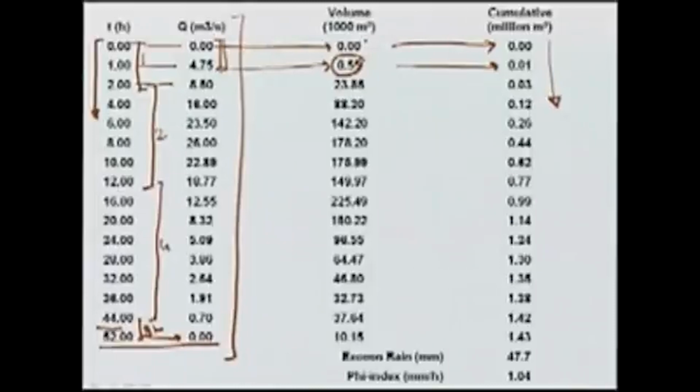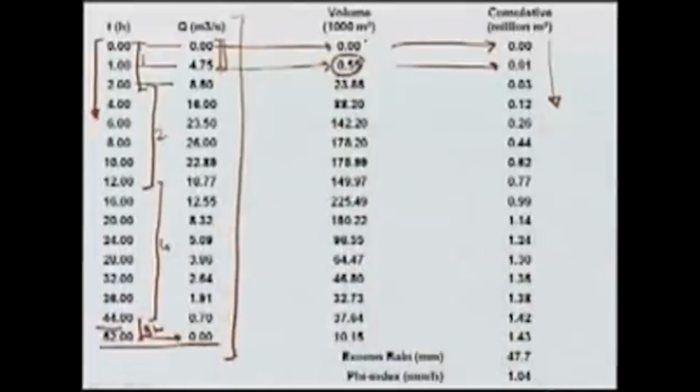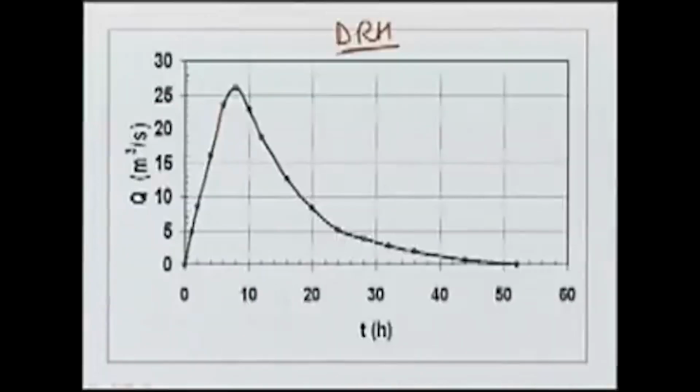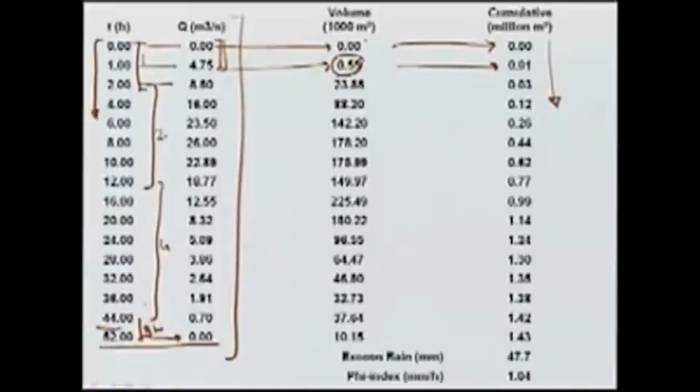Generally the computations are much easier if we have equal spacing of the coordinates, but in this case since the rising limb is very steep, we have decided to take small intervals on this, and therefore, it is not uniformly spaced. Computations are a little more difficult in this case, but we can still do it using the spreadsheets.